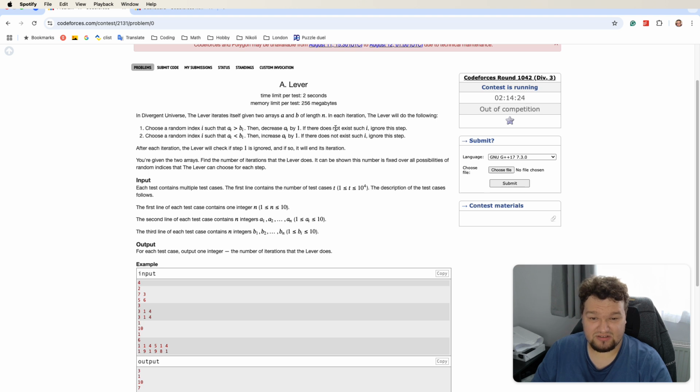If there does not exist such an i, ignore this step. Step 2: choose a random index i such that A_i is smaller than B_i and then increase A_i by 1. After each iteration, the lever will check if step 1 is ignored, and if so, it will end its iteration.